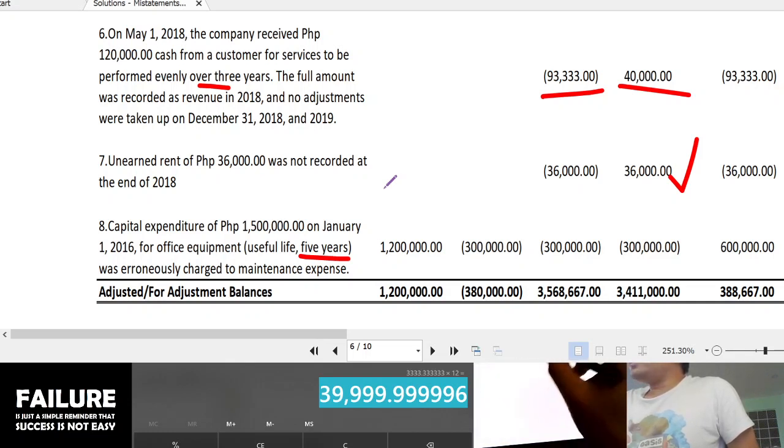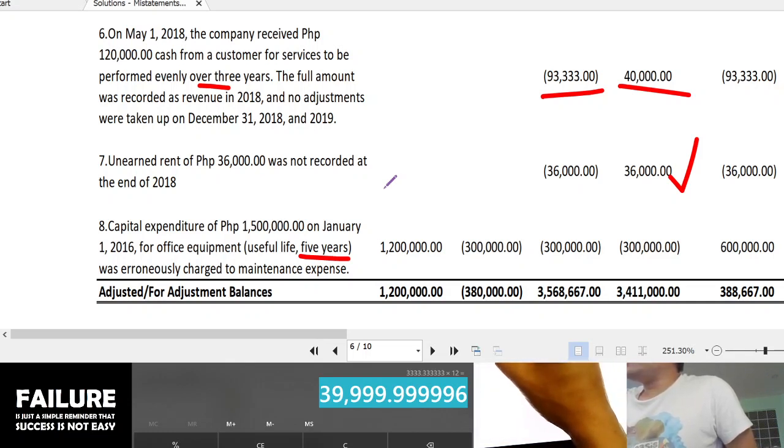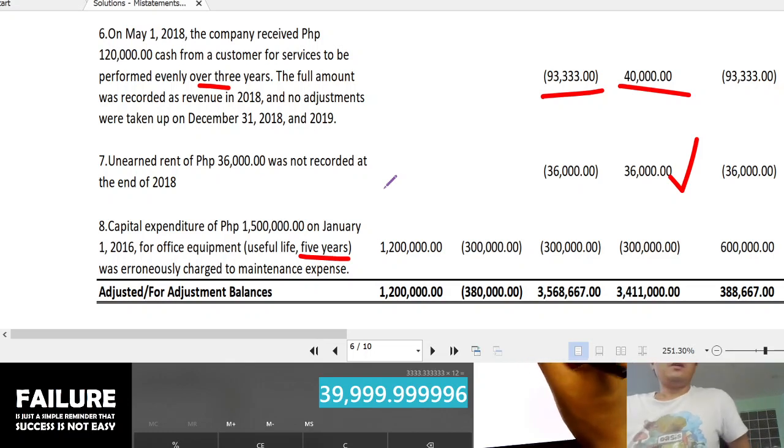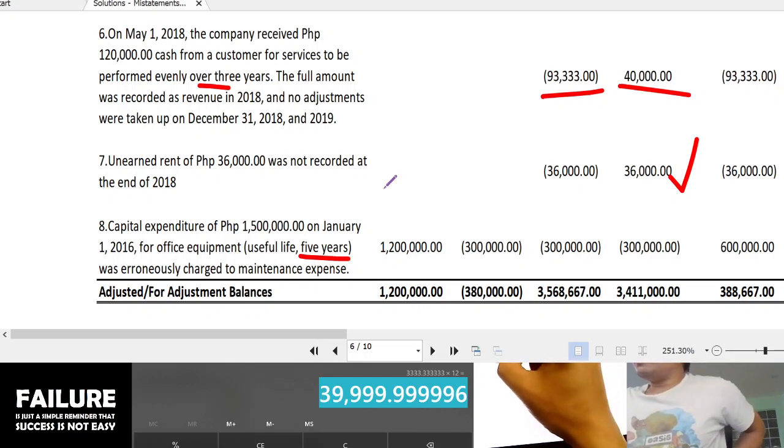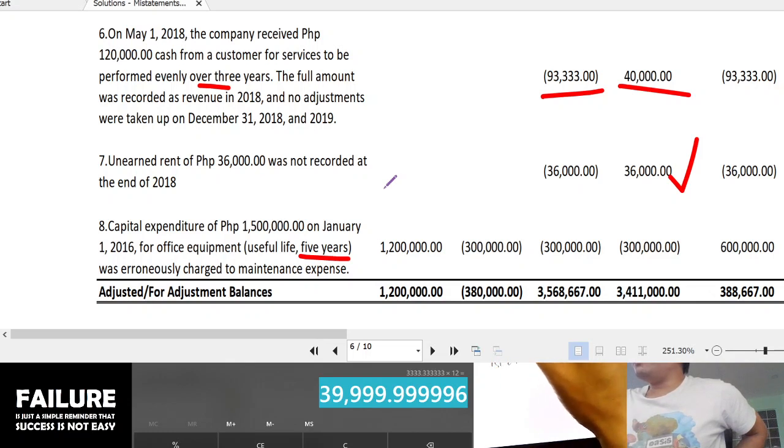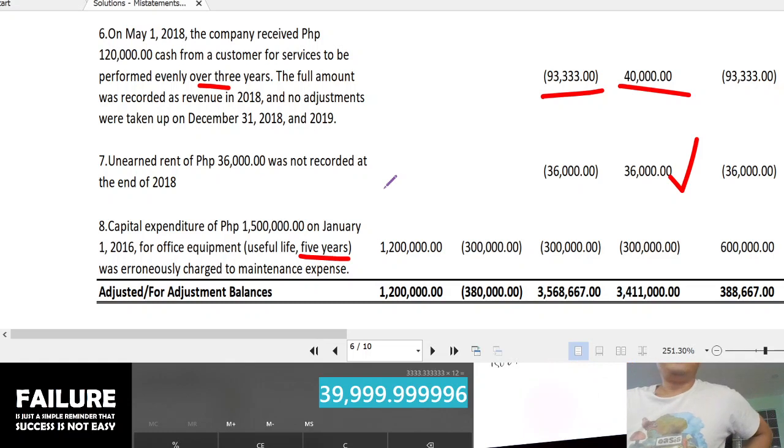In 2016, dapat itong 1,500,000 na office equipment, this should be part of your non-current asset, di ba? However, okay, it was erroneously charged to maintenance expense. So, this will what?